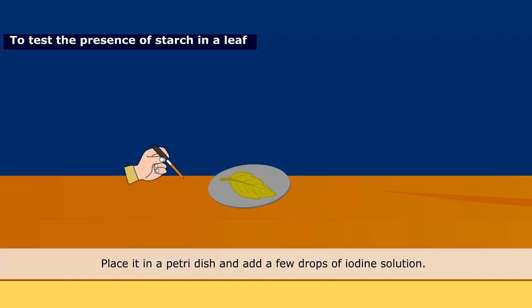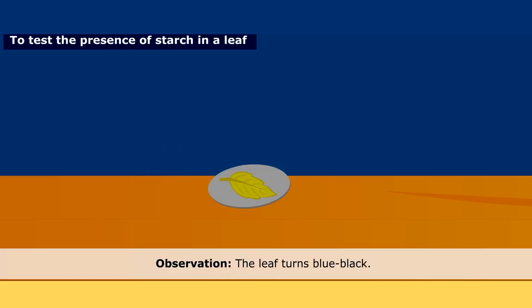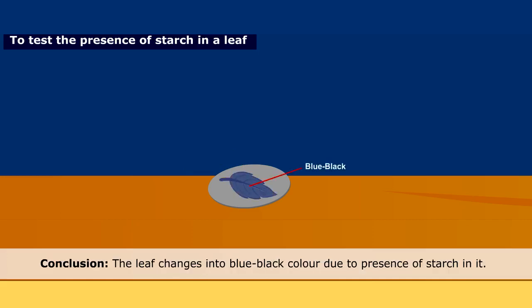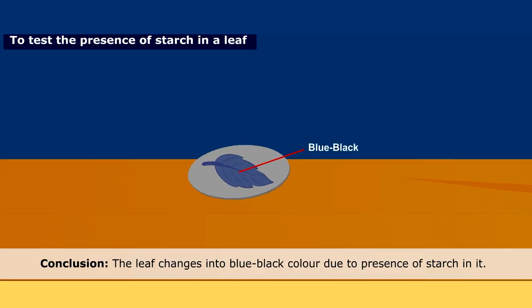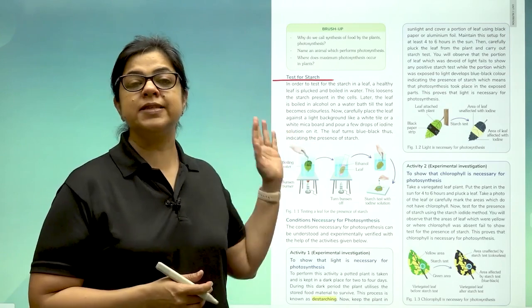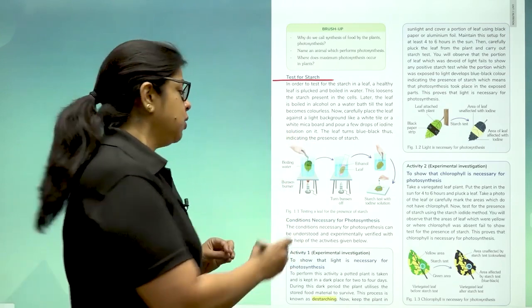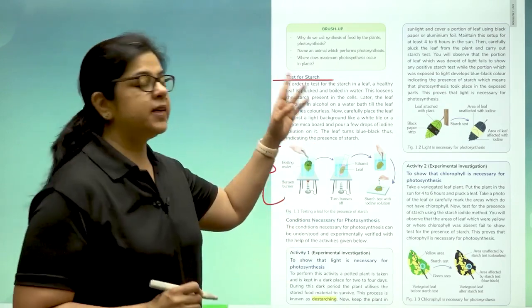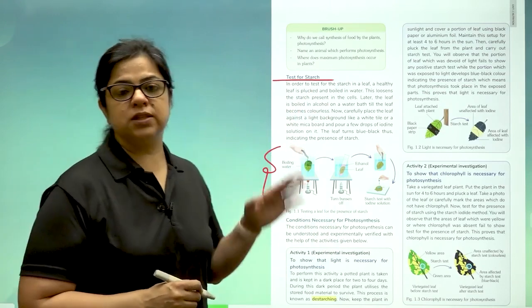Place it in a petri dish and add a few drops of iodine solution. The leaf turns blue-black. The leaf changes into blue-black color due to the presence of starch in it. So through this simple experiment, we know that starch is formed during the process of photosynthesis.